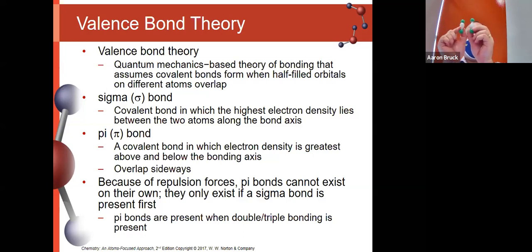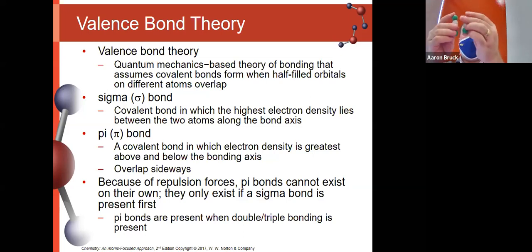So imagine I've got my two p orbitals here, and instead of overlapping directly like a sigma bond would, they're going to overlap in parallel. Now, they can't get this close to each other because in parallel, you have to consider that the nucleus is here in the middle.